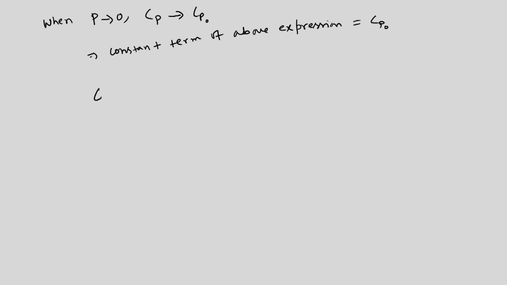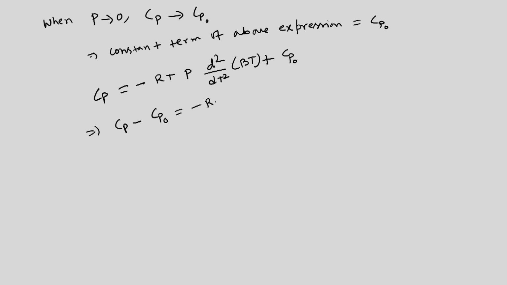Okay, so we get Cp is minus RT P ∂²/∂T² times B(T) plus Cp naught. So we get Cp minus Cp naught goes to minus RT P ∂²B/∂T².